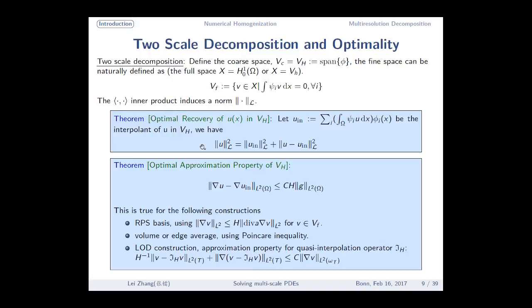Once we have this, we can have this approximation property. If you have the volume or edge average, you can just use the usual Poincaré inequality. And if you have LOD equals interpolation, you have already seen that. Good.